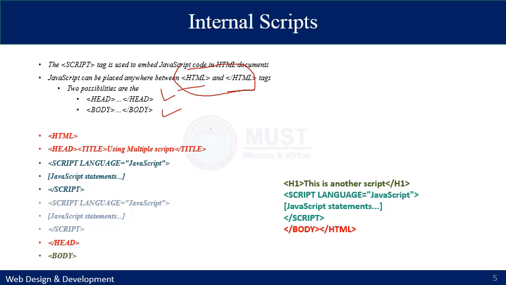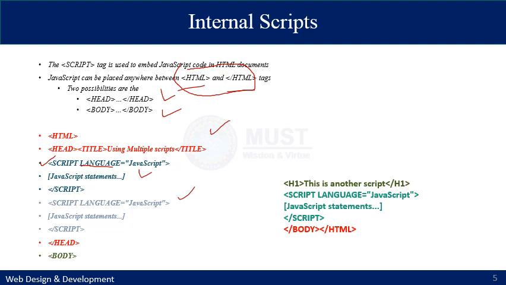So here is an example of using multiple scripts. The first script is placed at the start after the title tag, and it starts with the script element, which has an attribute called language that is equal to JavaScript, and you can write a number of JavaScript statements here.